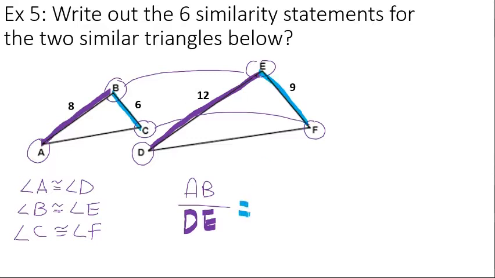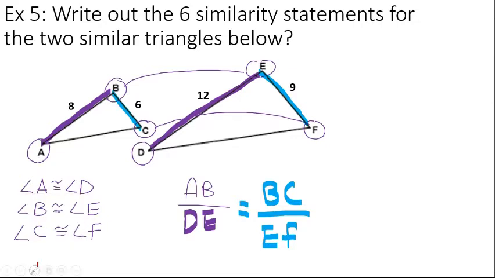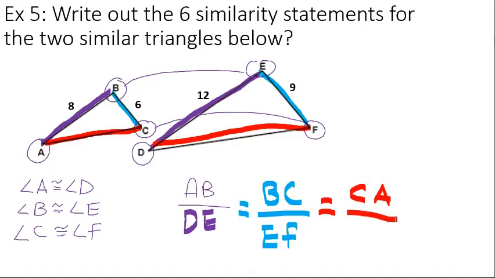I say equals BC over EF. And then the last corresponding sides are CA and FD. So I put equals CA over FD. So this is my answer right here.